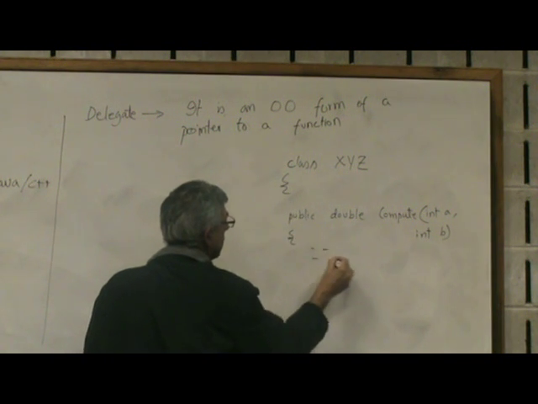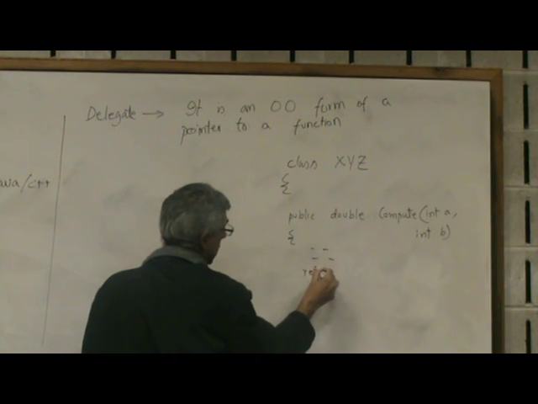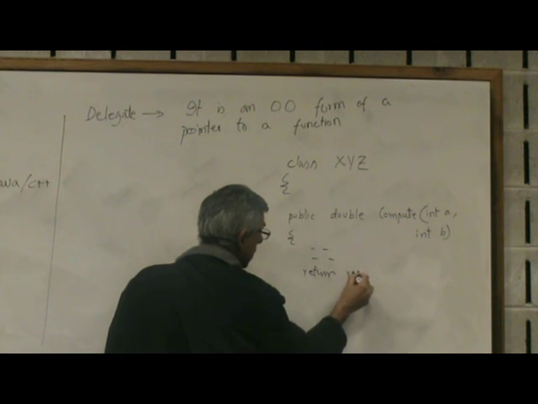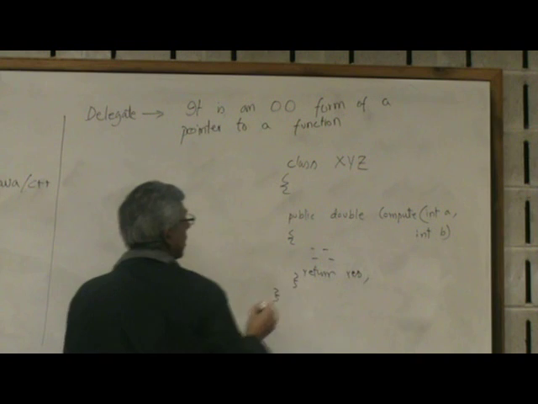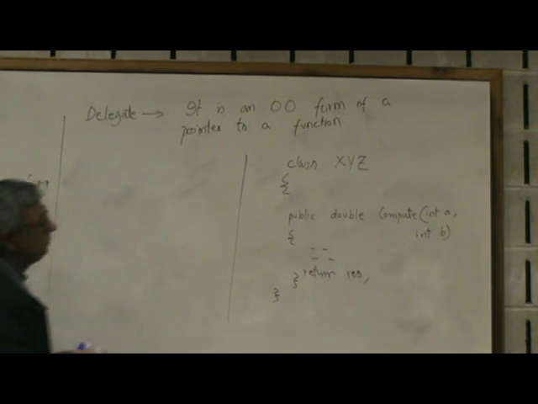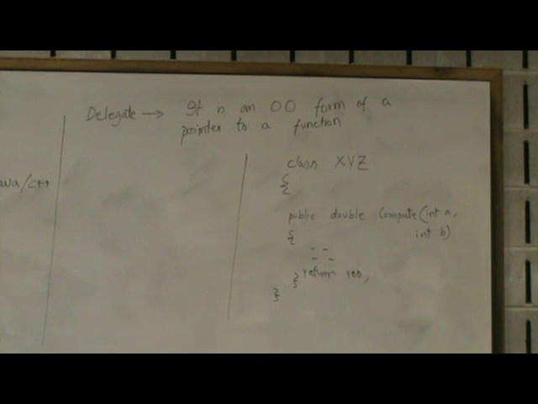You did some computation and returned some result. Once you've written a class, if we wanted to point to this function, this is where the delegate comes into play. First of all, a delegate is a type, just like a class is a type, right?